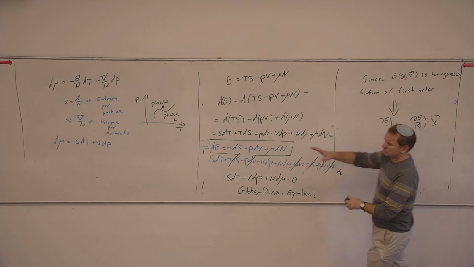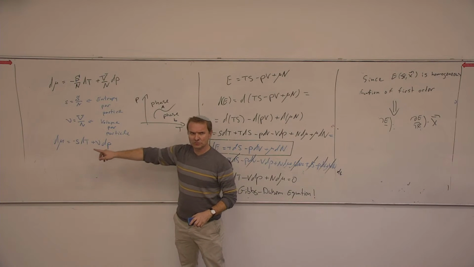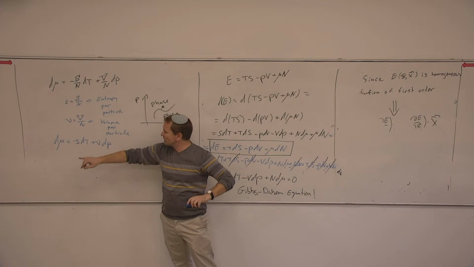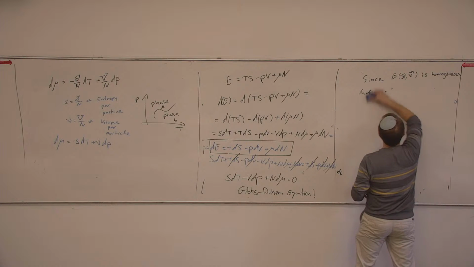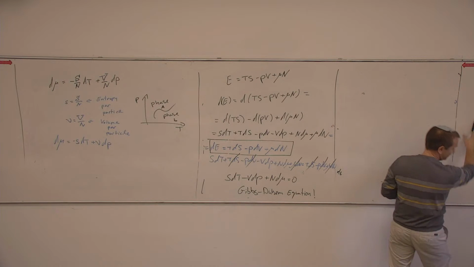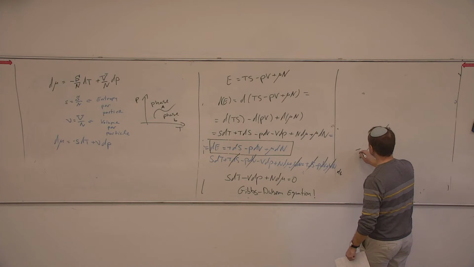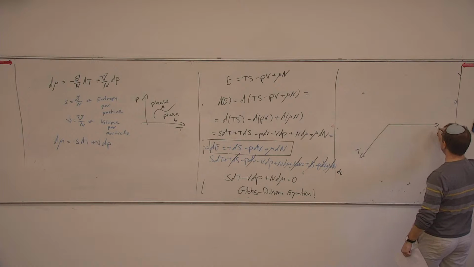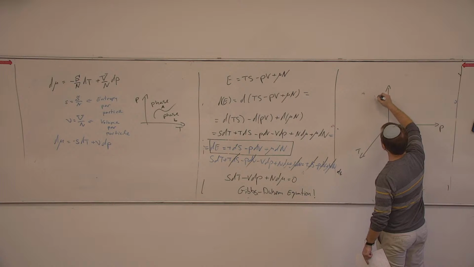So first of all, we see that mu is a manifold, a two-dimensional structure, as a function of T and P. So if I would like to plot it, I will have the T-axis, the P-axis, and the mu-axis.